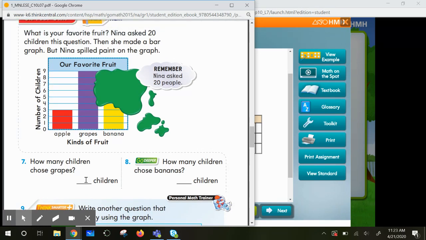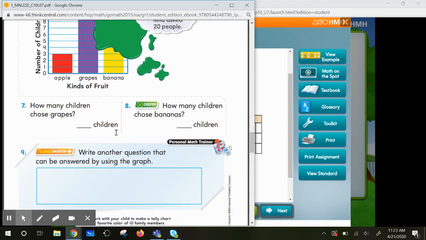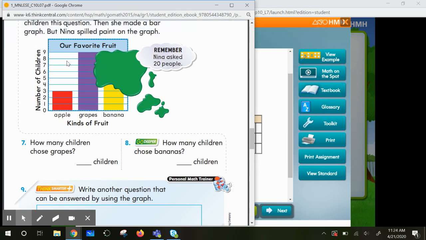Number 8, how many children chose bananas? Do the best you can to try and figure that out. And then number 9, write another question that can be answered by using this graph of our favorite fruit. Good luck and happy graphing.